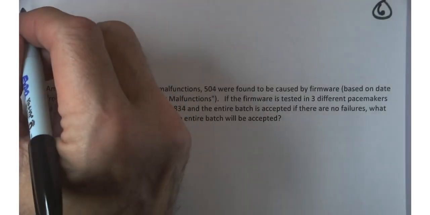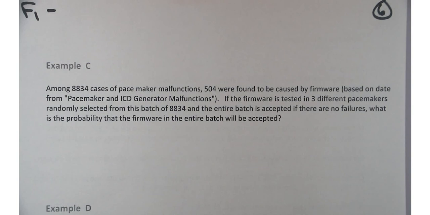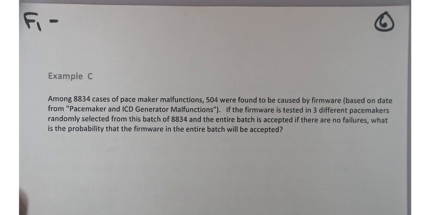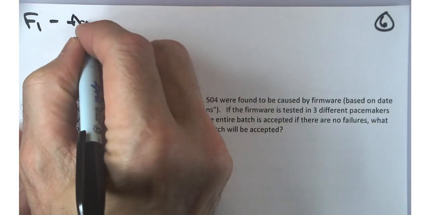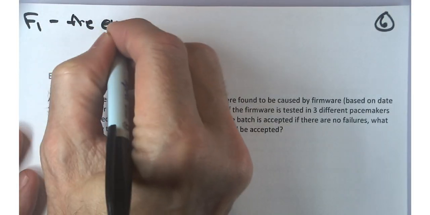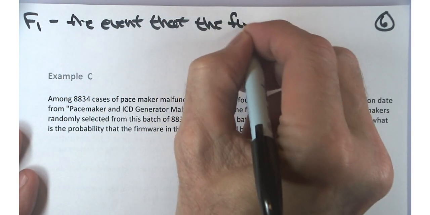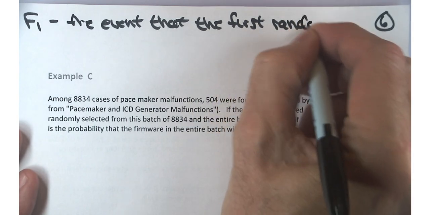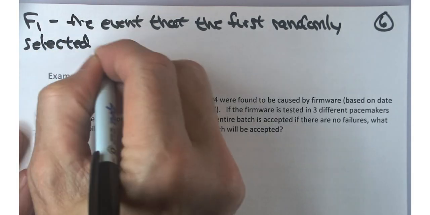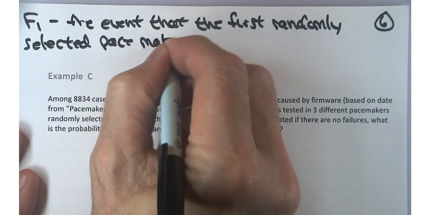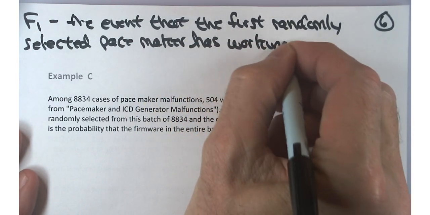But I'm going to let F1 be the event that the first randomly selected pacemaker has working firmware.